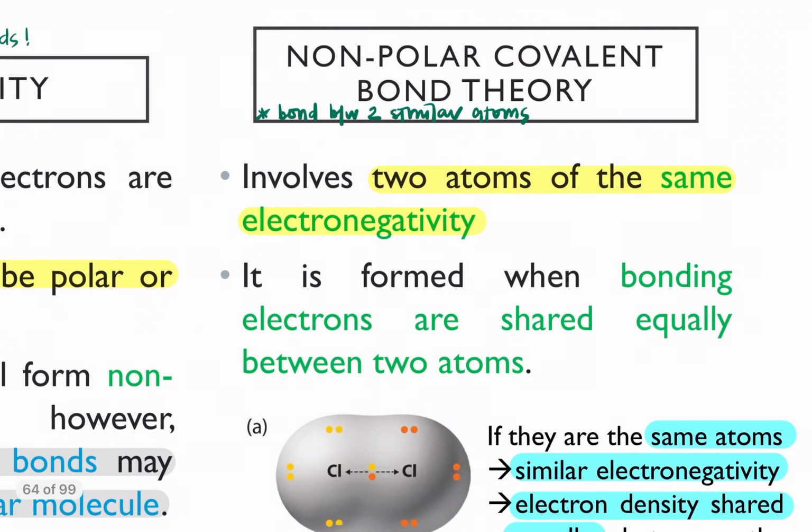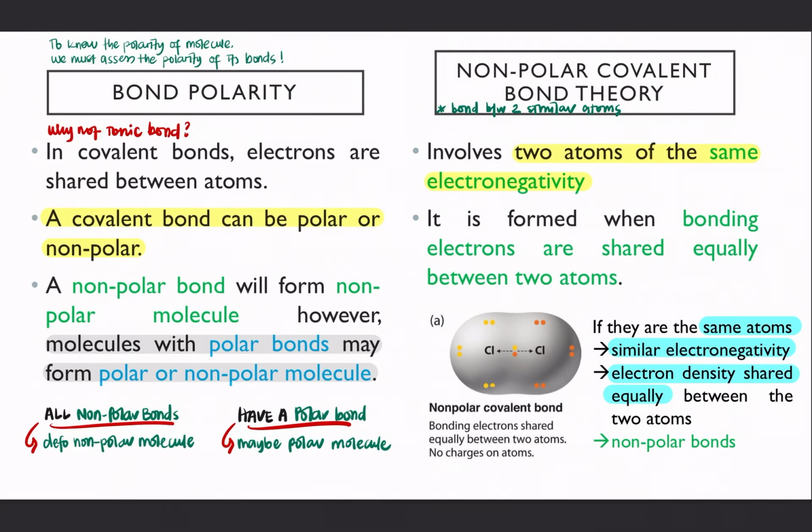So let's look at non-polar bonds first. Non-polar bonds involve two atoms of the same electronegativity, meaning usually it is between two similar atoms, atom yang sama. Why is that so? Because when you have atoms of the same electronegativity, the bonding electrons within that bond are shared equally between your two atoms.